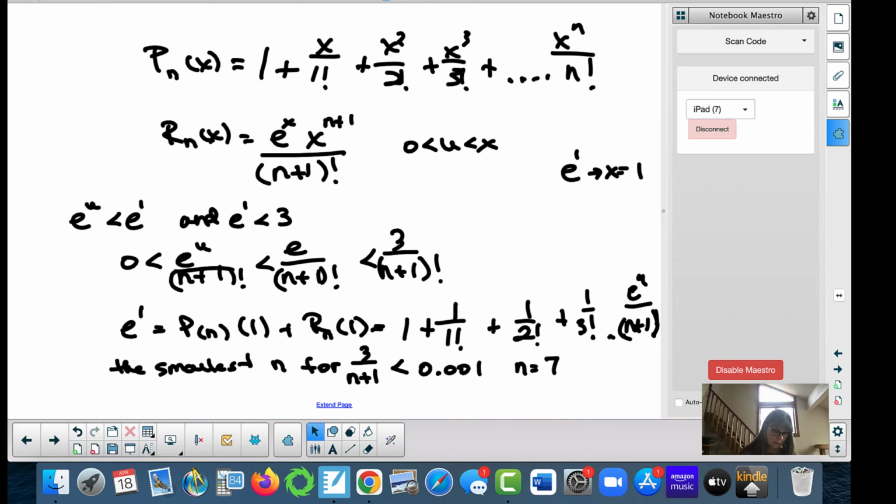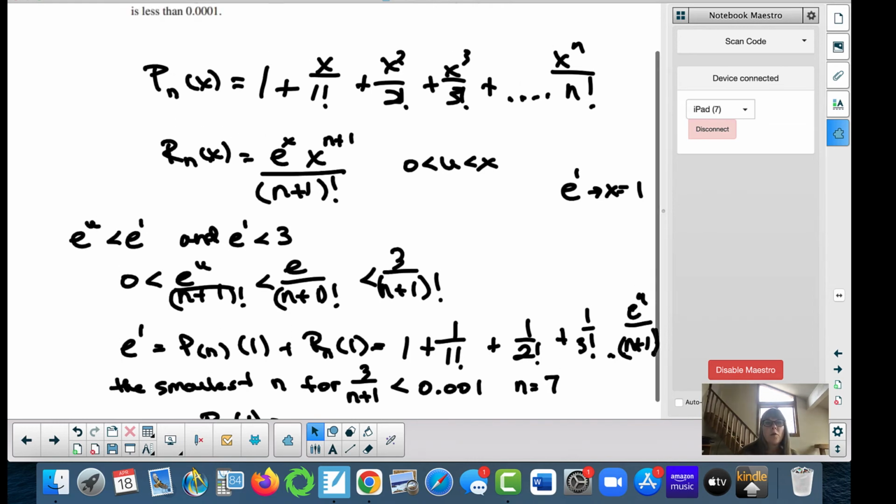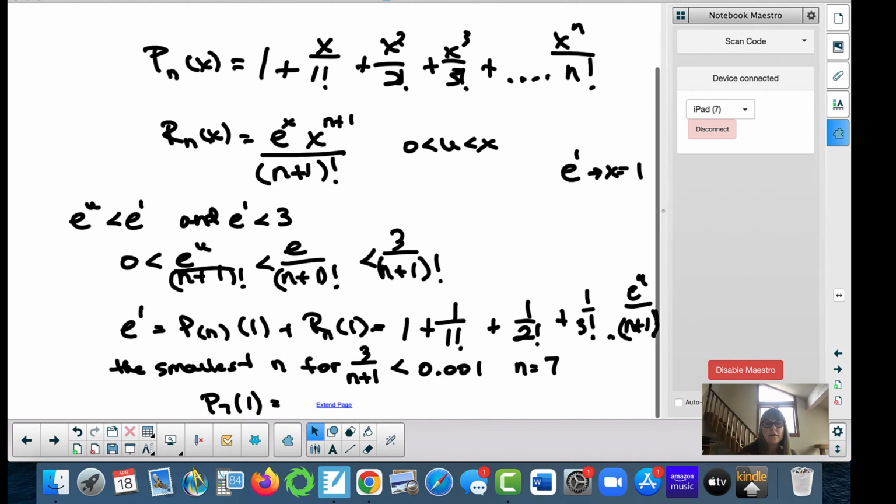So that means we should use p sub 7 of 1. And so plugging this in, just going up to 7, so we'd be plugging 1 in for x each time, going up to 7 gives us 2.718254.